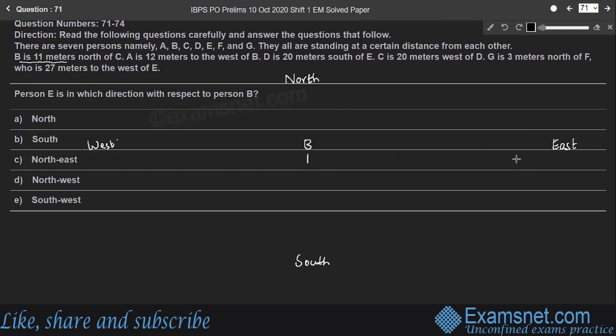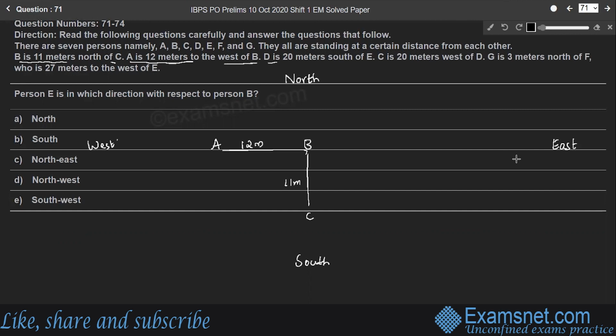To the north of C means C has to stand here. The distance between B and C is 11 meters. And the next point, A is 12 meters to the west of B. So to the west of B means this direction. A is 12 meters to the west of B.